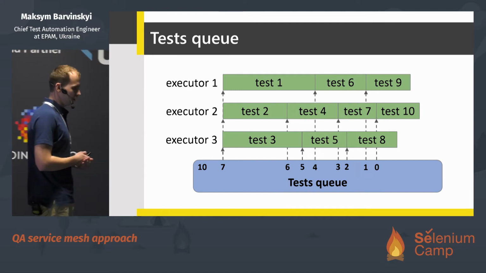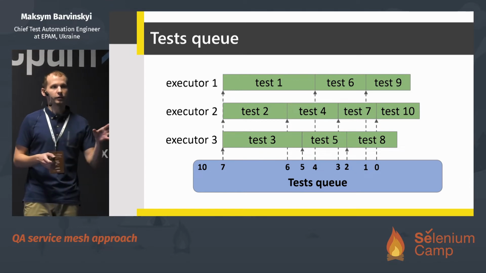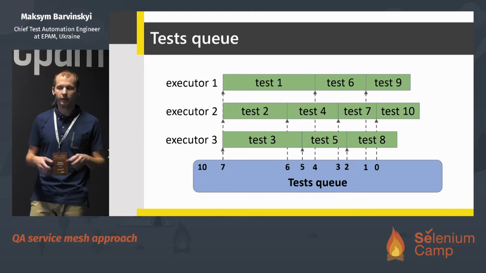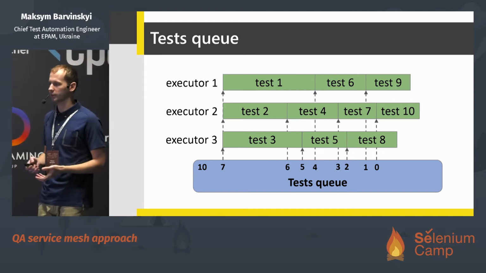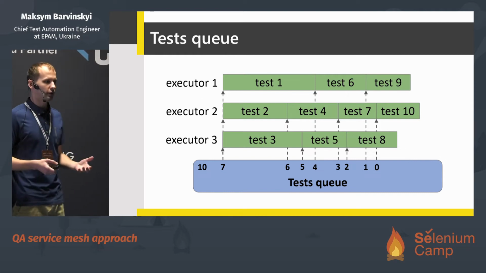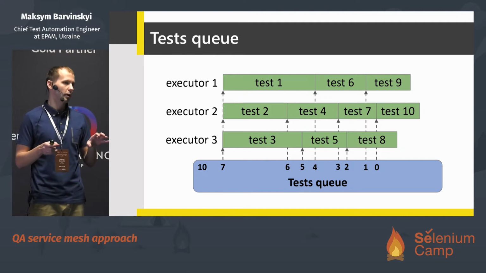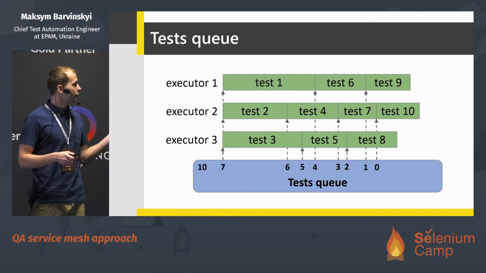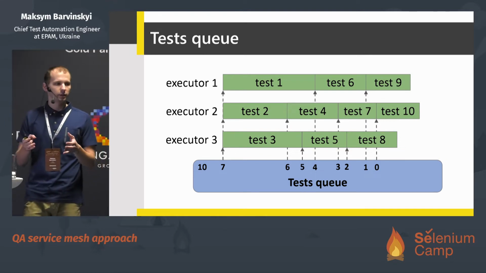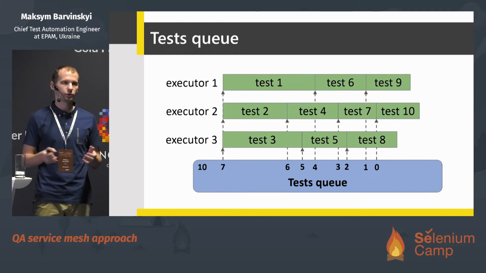Also, what can you do? You can put, for example, you run your tests in parallel using different Jenkins jobs, not the Java threads like Selenium Grid or Selenoid. But for some reason, you do it like that. So you parallelize your tests with different test suites that don't know about each other. And in QA web service, you can put any kind of thing that would hold some common context for those test suites.